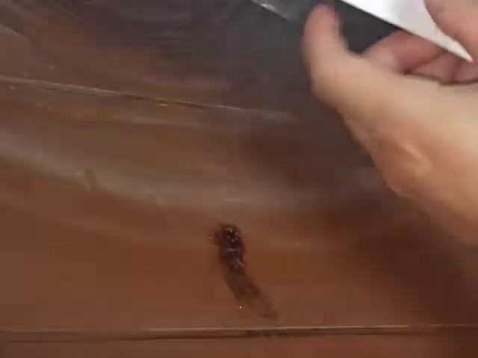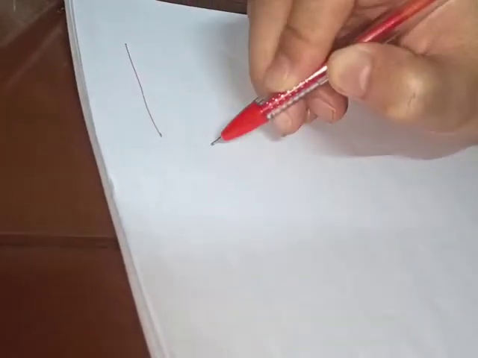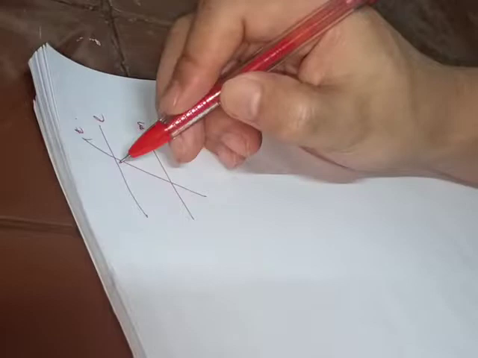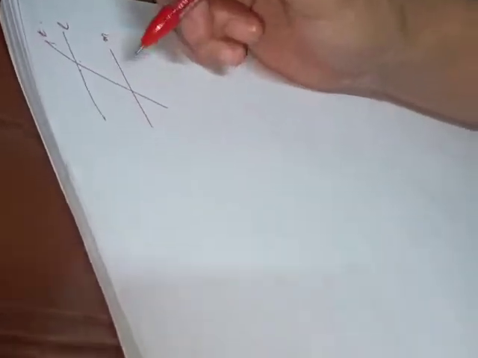Now, let's take another pair of parallel lines L and M just like before, with transversal T. In this case we have already discussed the interior ones, inside the parallel lines.